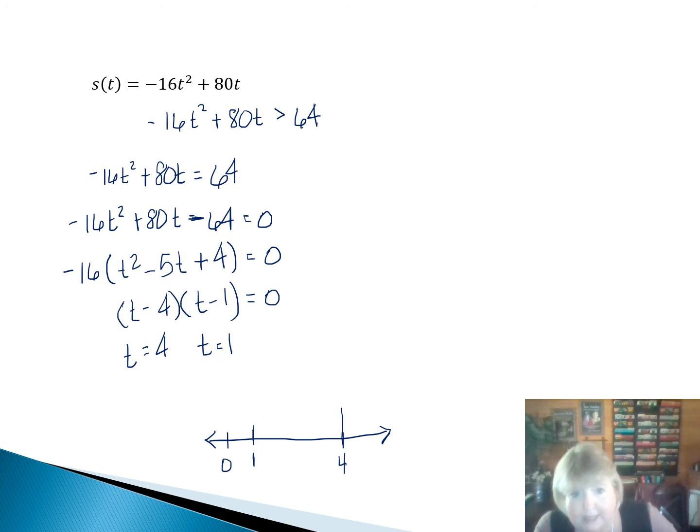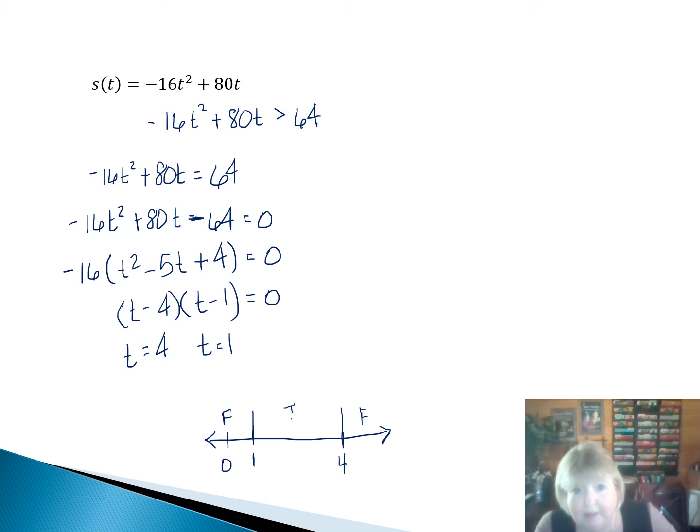Now, reasoning can kind of tell you which part of this number line has to be the solution set, because he's fired from the ground, so this can't be it. And at 4 seconds, well, that's where he is coming back down again. So I'm guessing past that is going to be closer to the ground, and this is going to be true. But I want to double check.